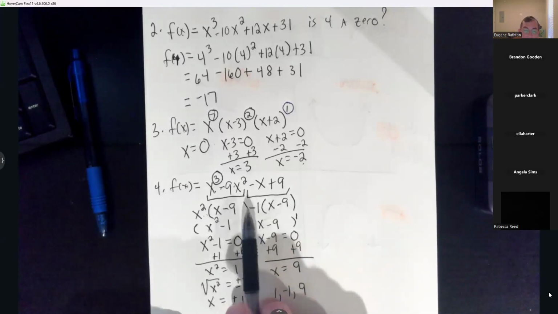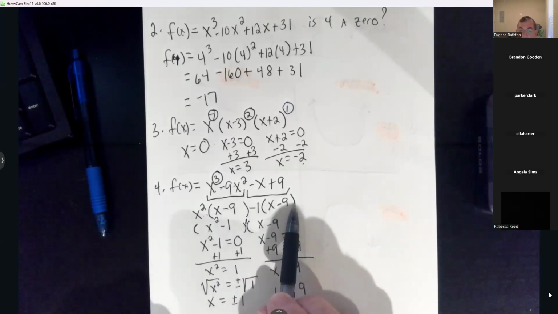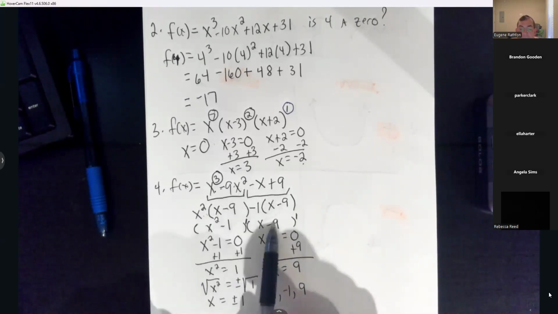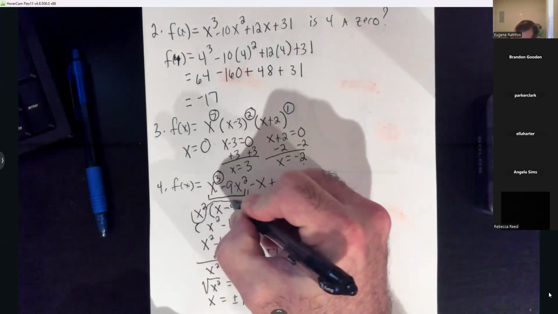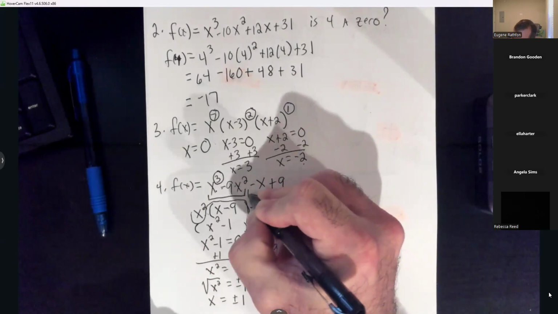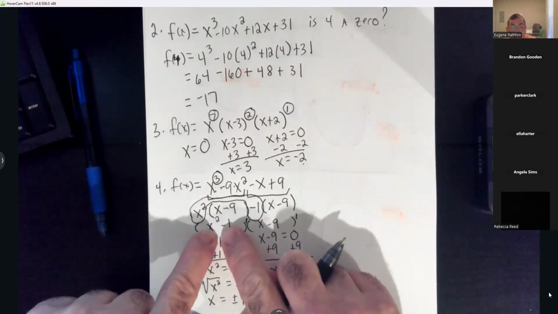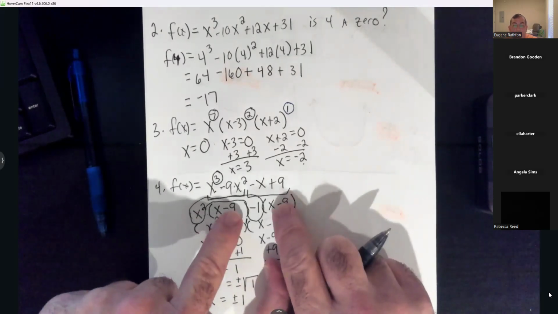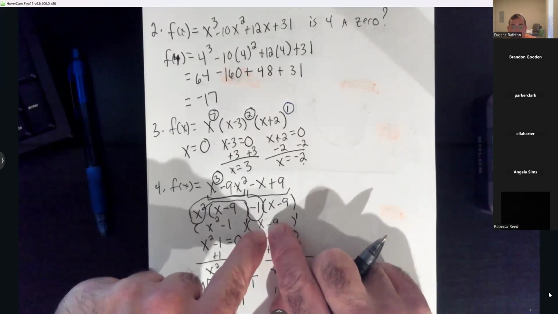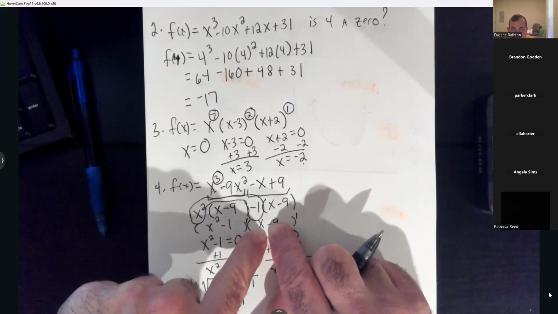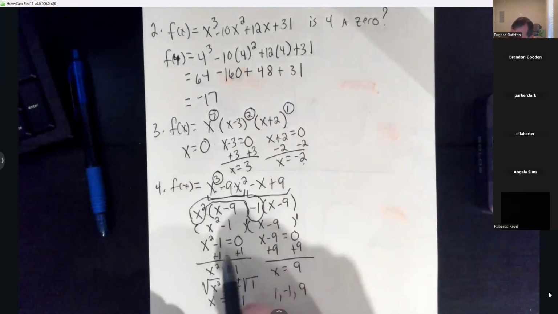Okay, so what we're doing here, at this point, I had the x squared times x minus 9 minus 1 times x minus 9. So the next step is to take the stuff on the outside, which is the x squared and the negative 1. The stuff on the outside becomes one of your parentheses. And then the stuff in the parentheses, since it matches, becomes your second parentheses. So you're sort of undoing the distributive property.